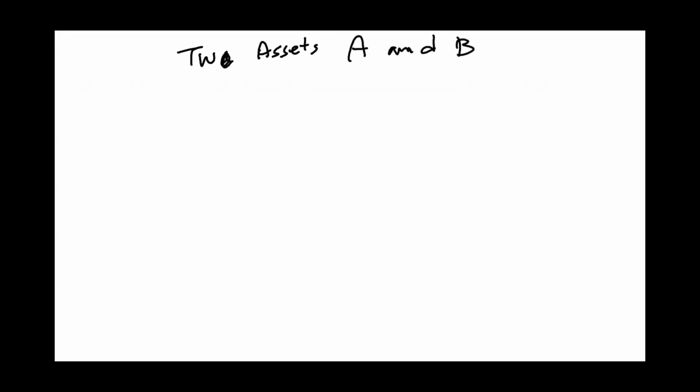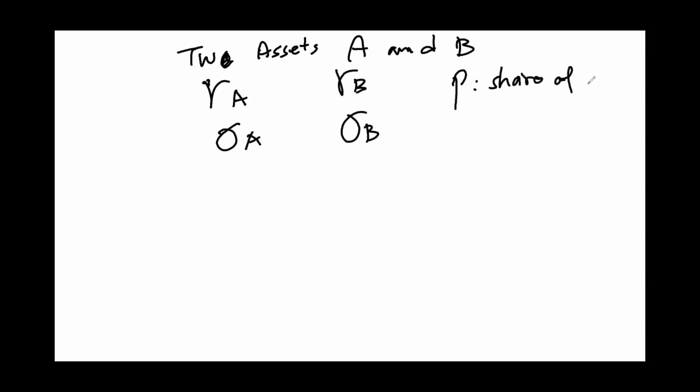So two assets A and B, right? And this is the rate of return of A, right? And this is the risk of A, standard deviation of A, rate of return of B, risk of B. P is the share of A in your portfolio. Then when you think about the risk of your portfolio, no, not this one.